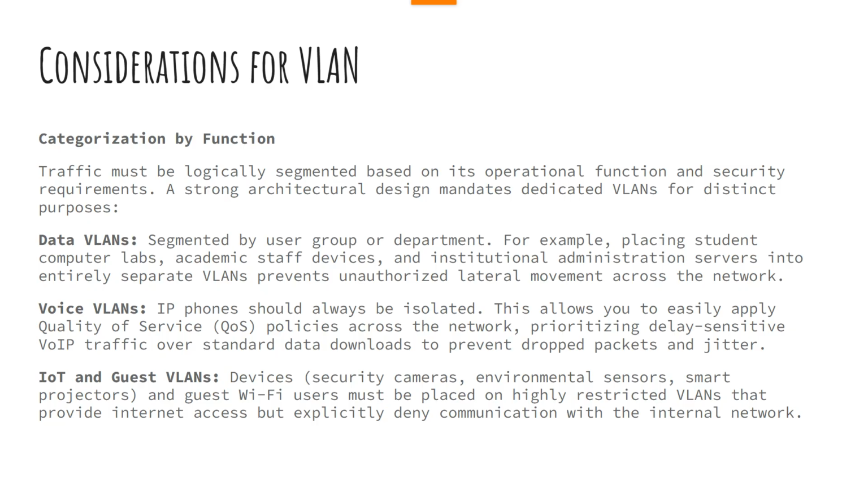Like when you check into a hotel, you get a Wi-Fi address. This Wi-Fi address is on a separate VLAN. You cannot access the hotel's internal local area network, right? That is because it is on a separate VLAN. So this is where you categorize the VLANs on the basis of functions.